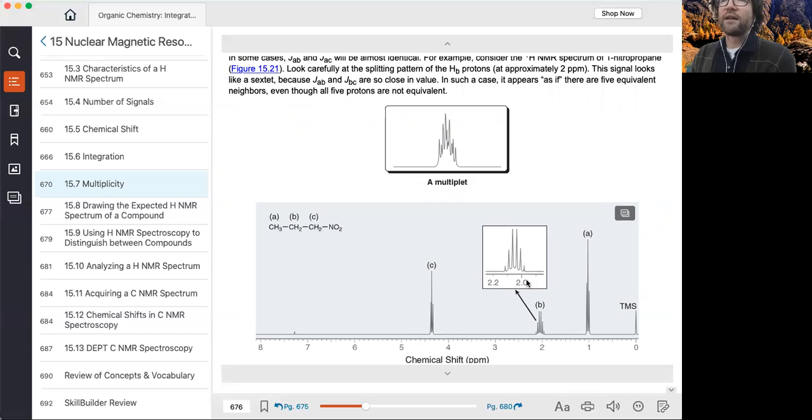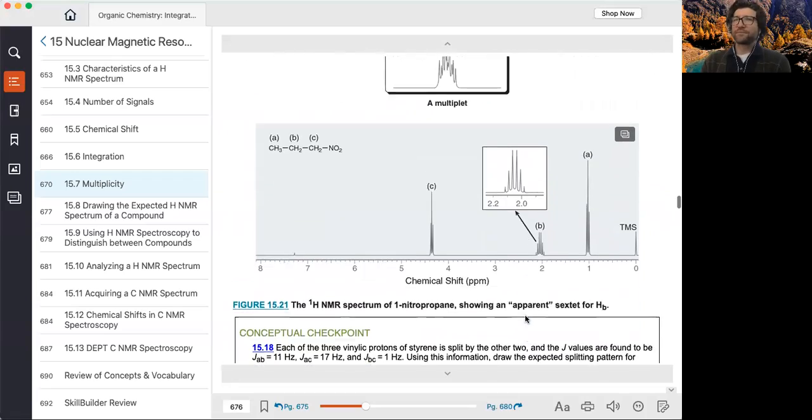So that's 6. So n+1 rules tell us that there should be 5 neighbors, which is good. But we cannot see the splitting from each. So it looks like it just has 1 neighbor, but in fact it has 2, and we just cannot see the rest of the splitting pattern. So often this is the type of thing you'll see. Instead of complex splitting, it'll just look like the same number of neighbors that it should have.